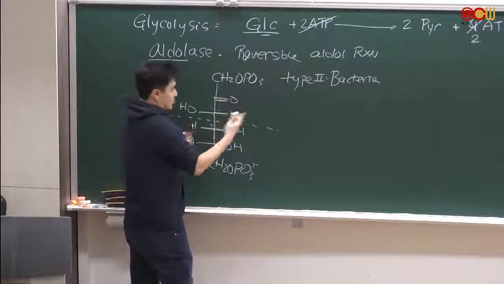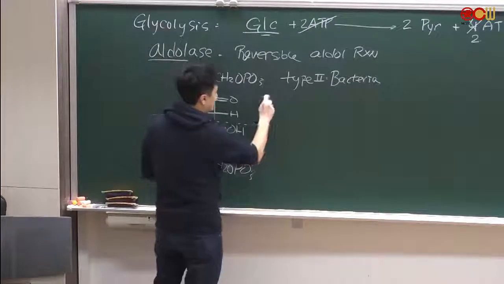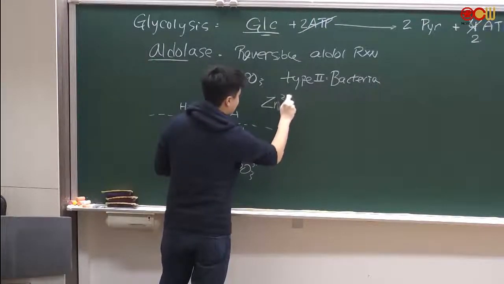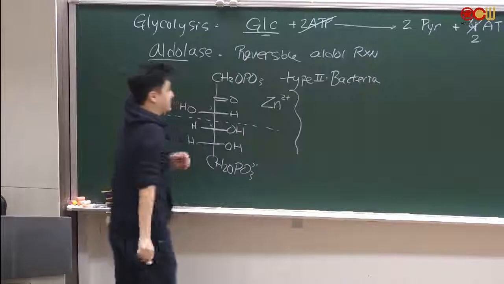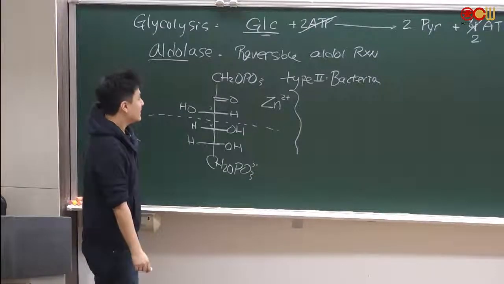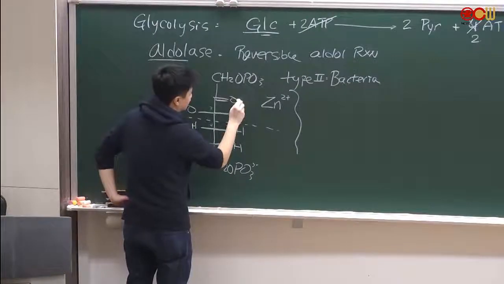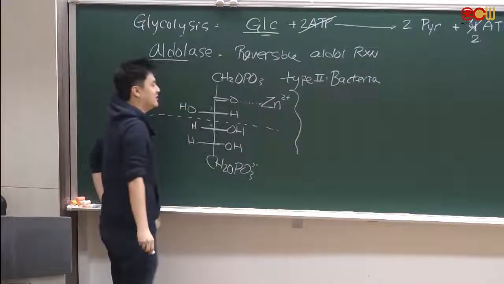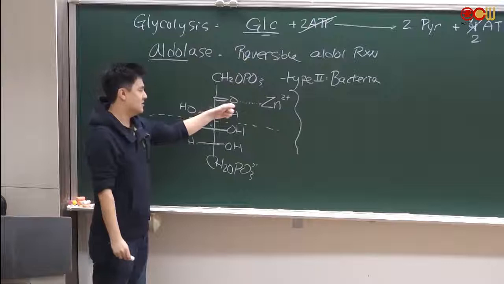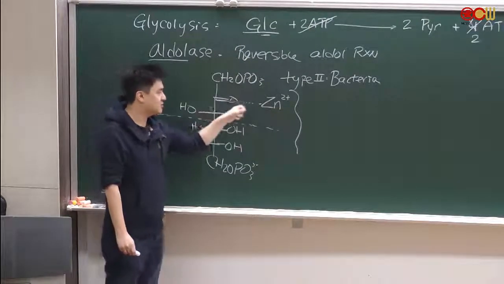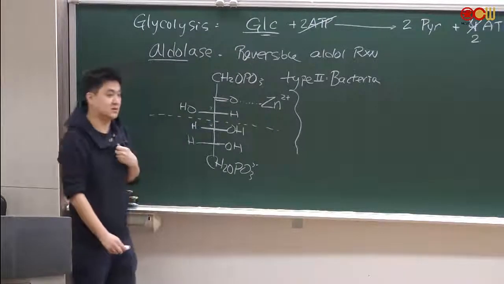So in this type of enzyme, you have a zinc ion right there. And zinc 2 plus serves as an electron withdrawing effect, okay? So the electron on the carbonyl oxygen will be drawn to zinc 2 plus, okay?